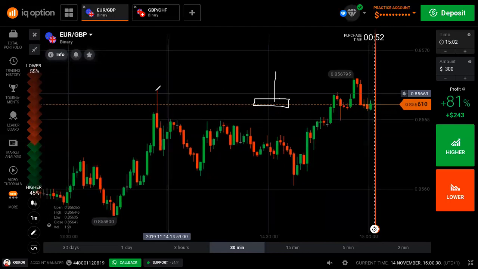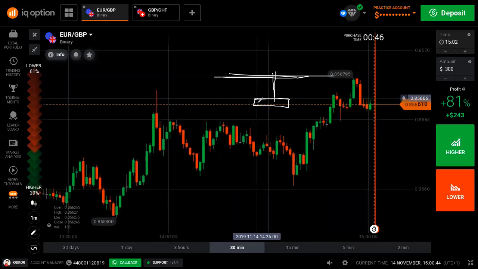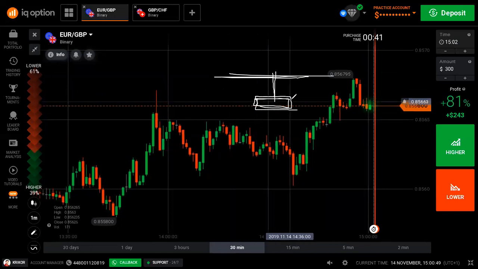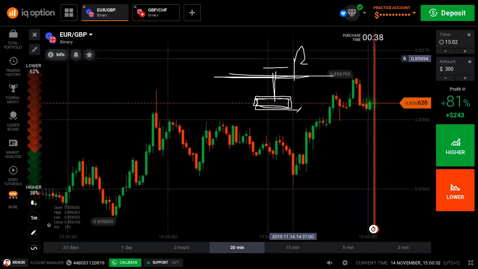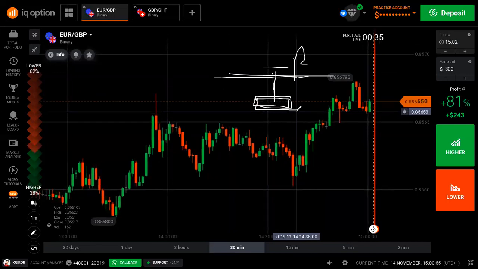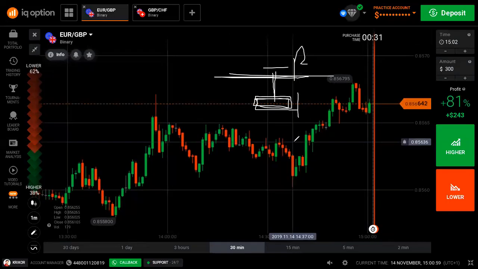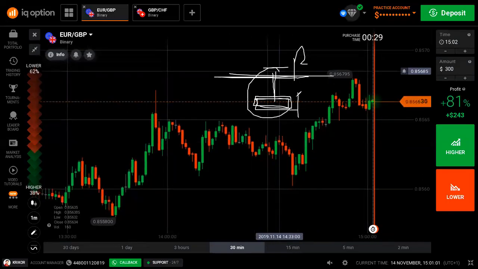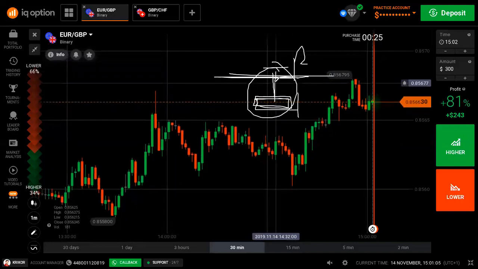Let's assume that you have a shooting star that touched this area. Of course, we know it's a reversal candlestick. So one candle is now the touch, and at the same time is the R. Sometimes it's like that.